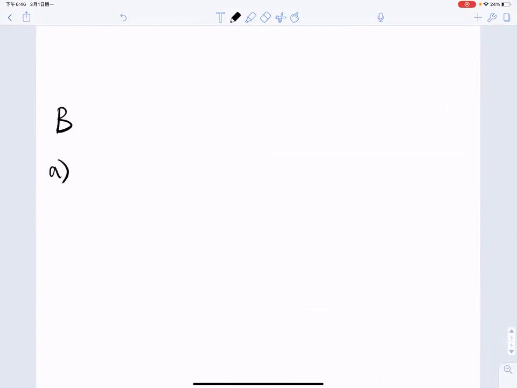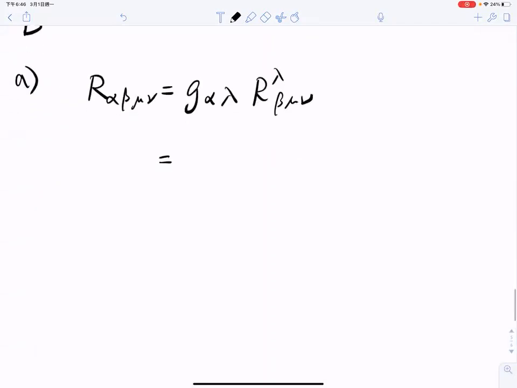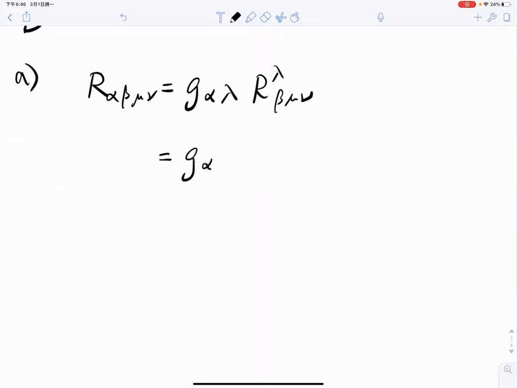For part A, we have written it down. I just want to show you all the steps: times a metric tensor to make the superscript become the subscript, and express the Riemann tensor in terms of the metric tensor.